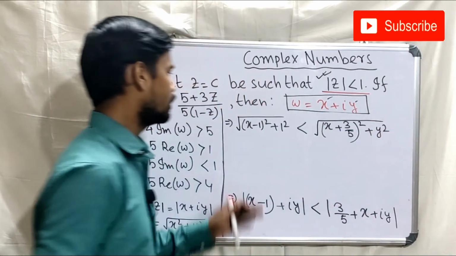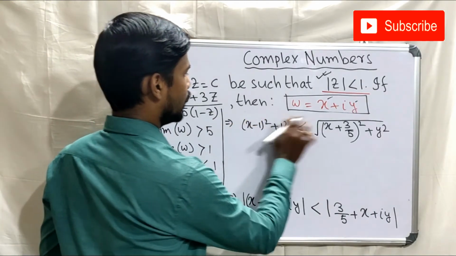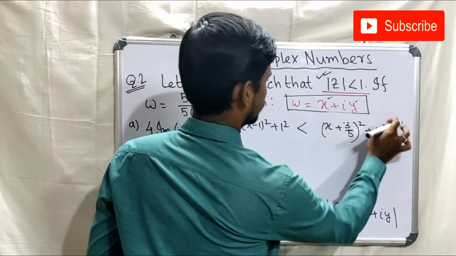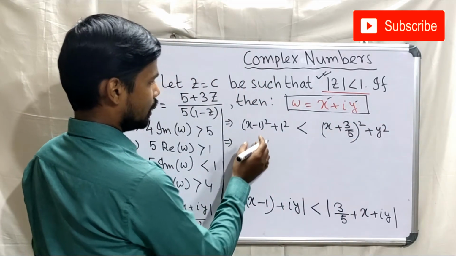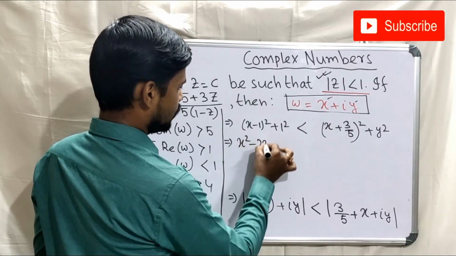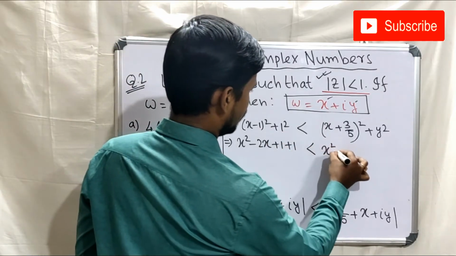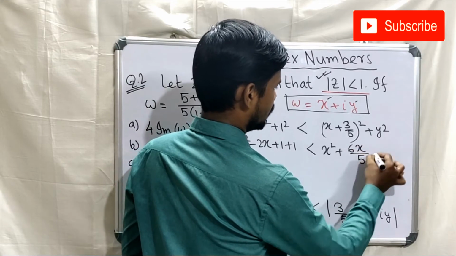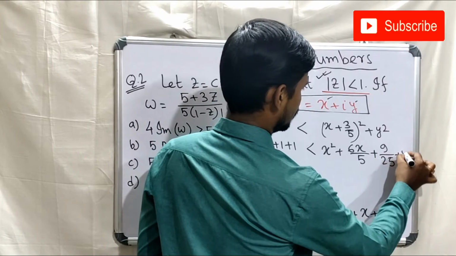So now taking square on both sides, we can remove the square root from both sides, right? Now applying the square formula, this will be x square minus 2x plus 1 is less than x square plus 6x by 5 plus 9 by 25 plus y square.